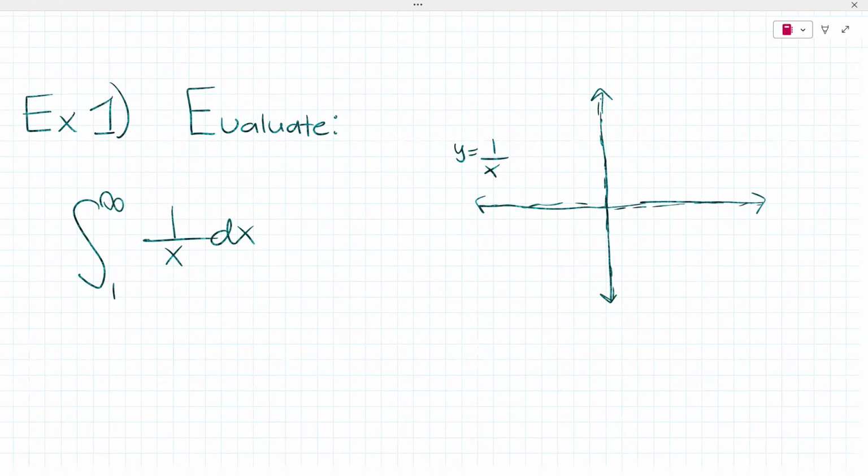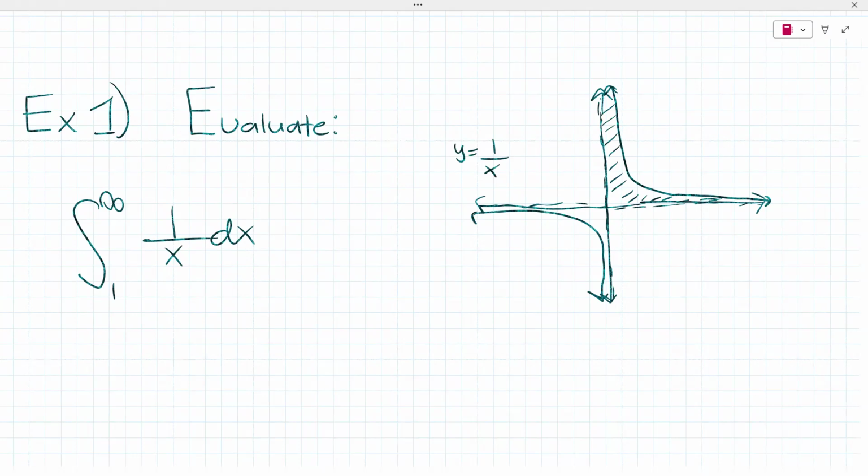On the right, the behavior looks like this, and on the left it looks something like this. What we're trying to do is go from 1 to infinity, so we're trying to find the area from here, from 1 to infinity.